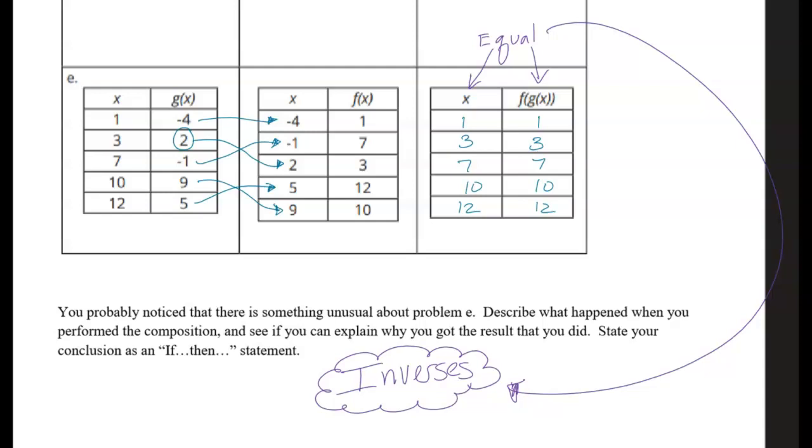Yes, Uma. Exactly. Whenever the initial input x is equal to the composition of two functions, this is what automatically tells you that those functions are inverses of each other.